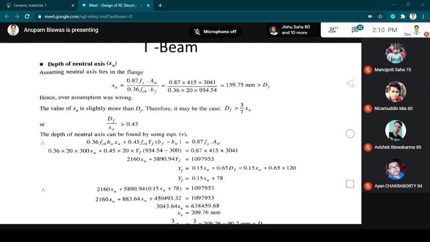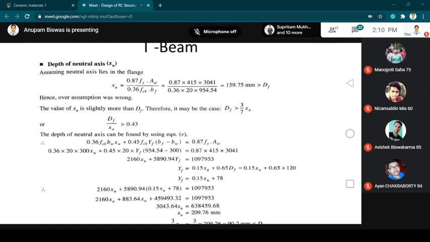So here the YF factor won't be there since we are considering the flange part as fully rectangular, so the YF part won't be there. So without the YF part, you have to do the calculation for finding out XU. The equation will remain the same, only the YF part won't be there.